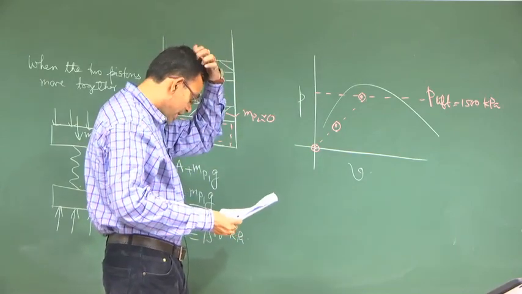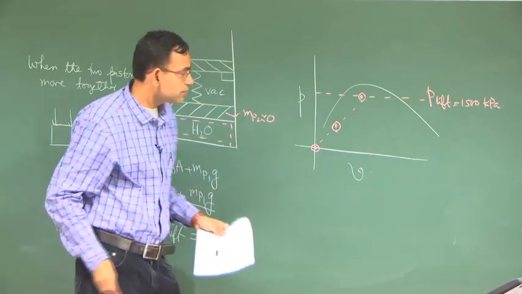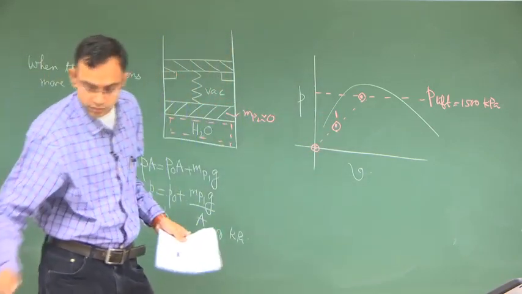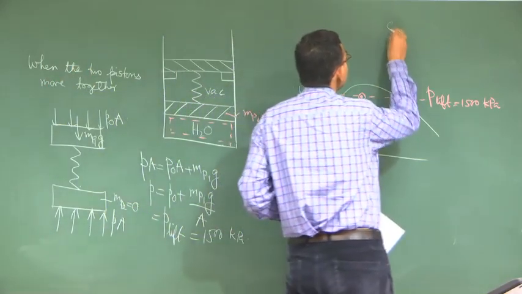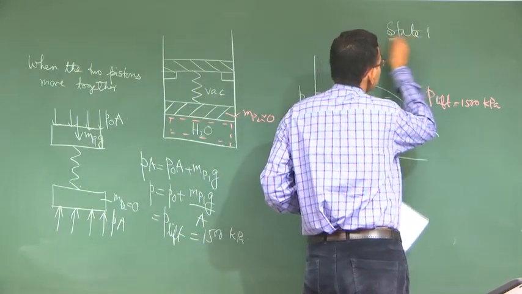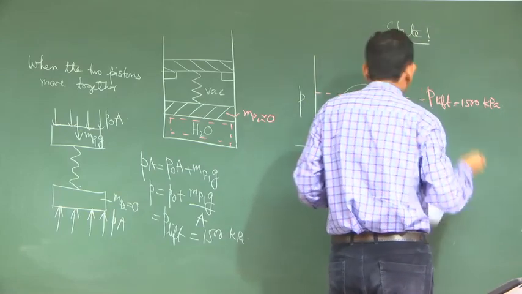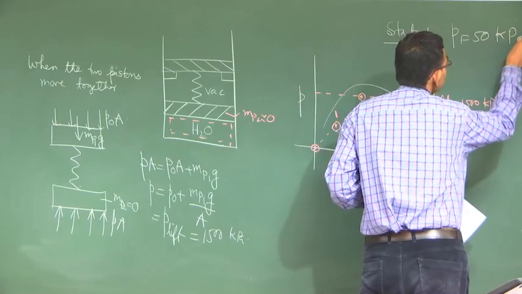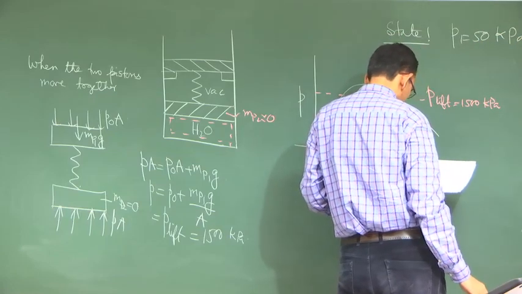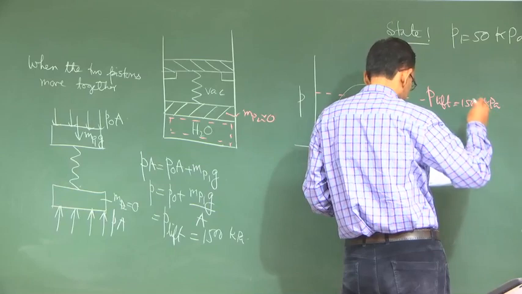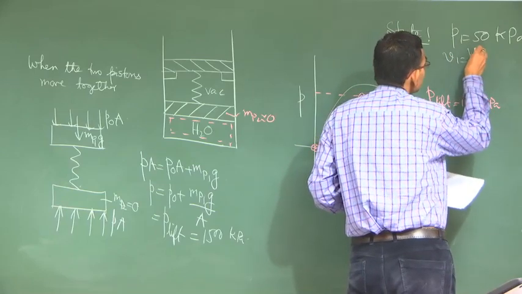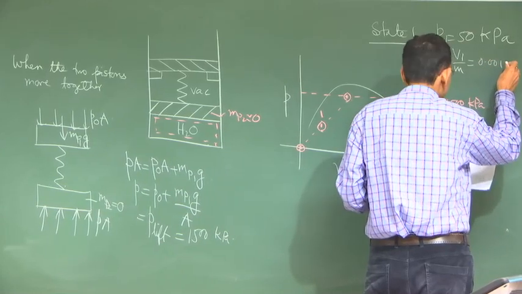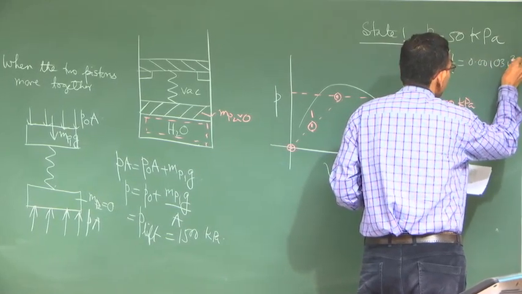So, state point 1 it is given, state 1: P1 is 50 kilopascal and V1 is 0.00103 meter cube per kg.